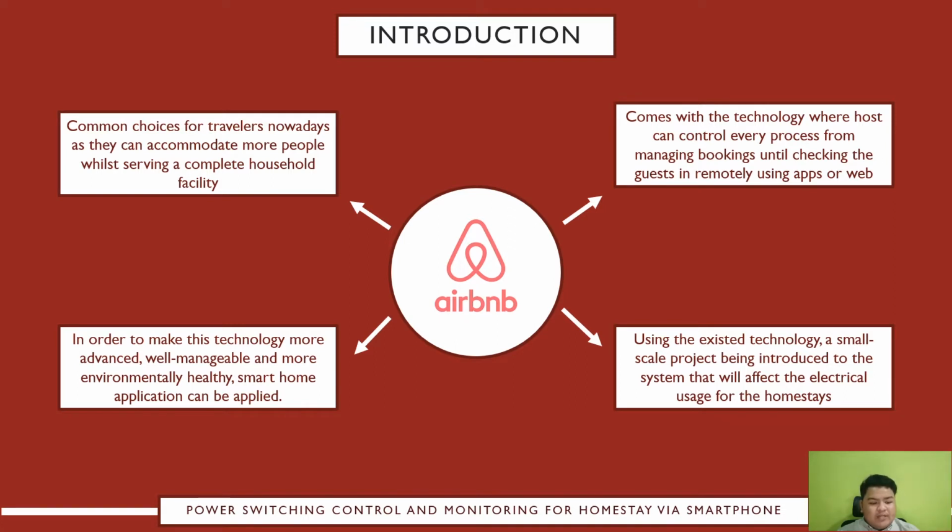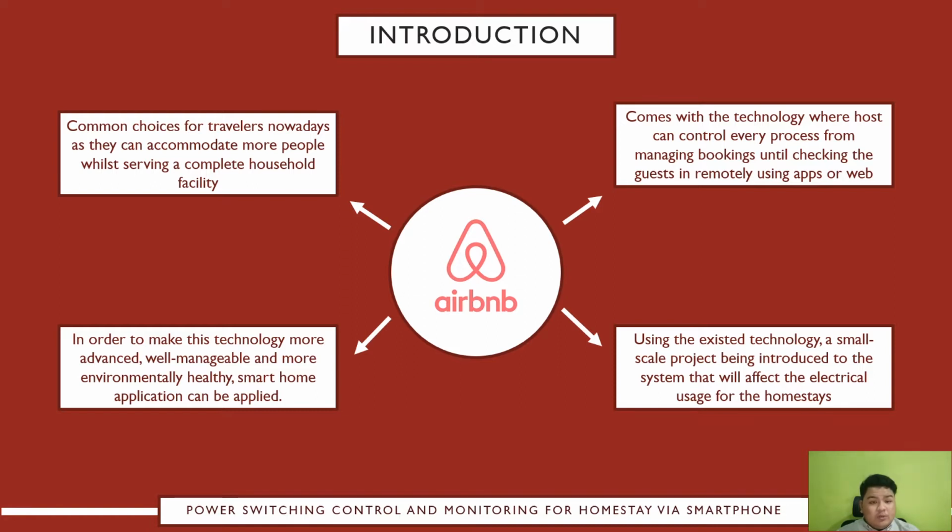Airbnb is a well advanced technology that can reduce human labor and make the managing process more efficient. The technology that exists in Airbnb management is, I believe, very sophisticated and advanced.